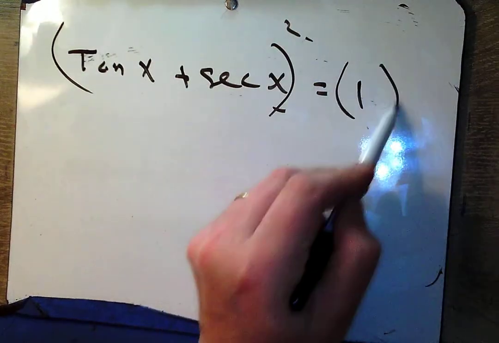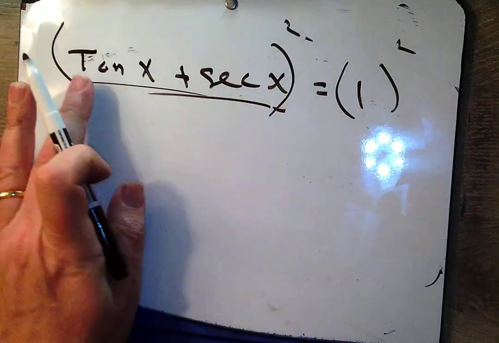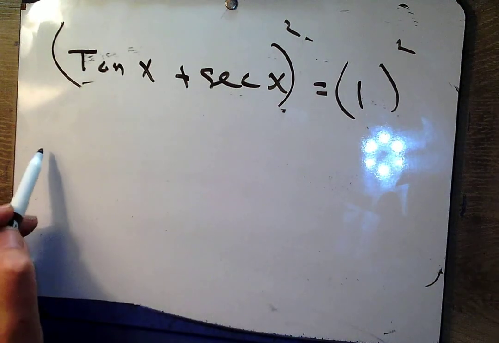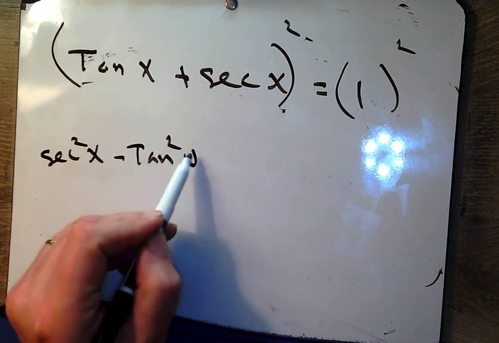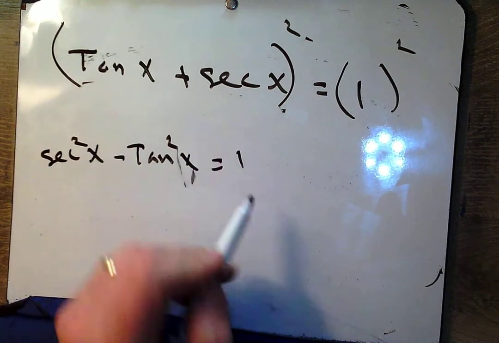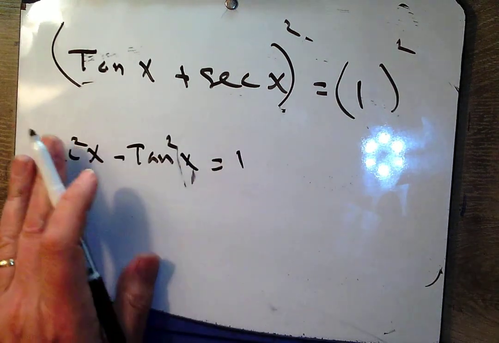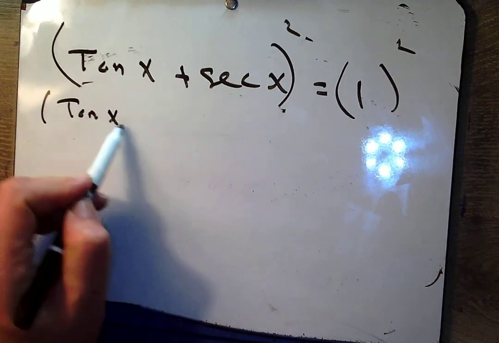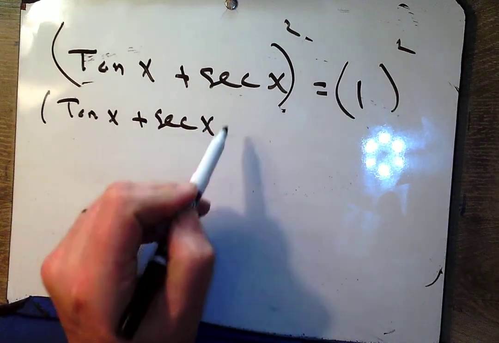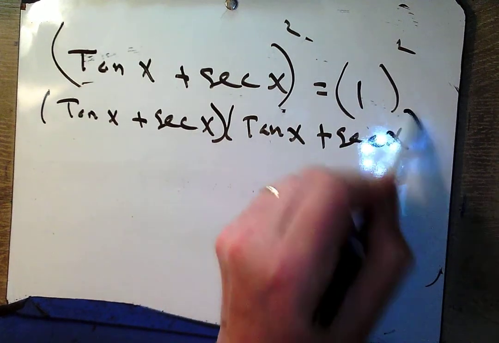I'm a little concerned about squaring both sides because I don't have this as an identity. I do have secant squared minus tangent squared equals 1. So I'm kind of wondering what this will turn out to be. But first the FOIL, right? Because we've got tangent x plus secant x times tangent x plus secant x.